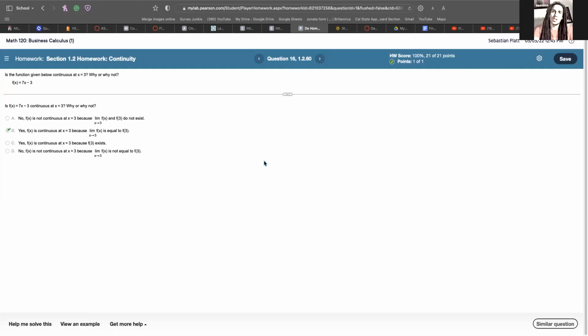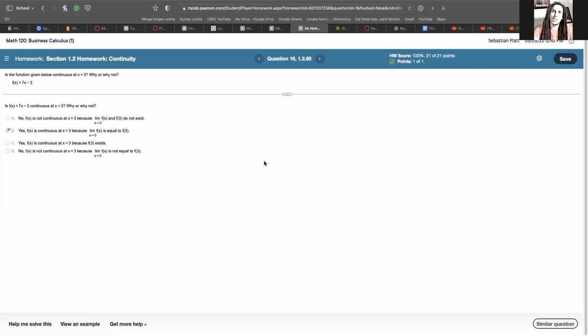Is the function given below continuous at x equals 3? Why or why not? So we have f of x equals 7x minus 3. If we were to put this into the calculator and graph it, what you're going to see is a straight line that is continuous with no open circles.